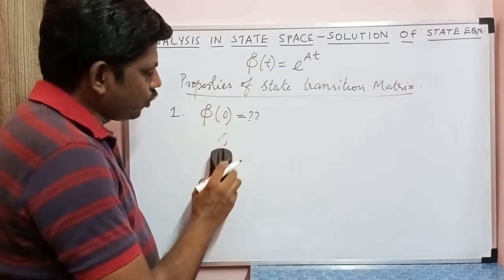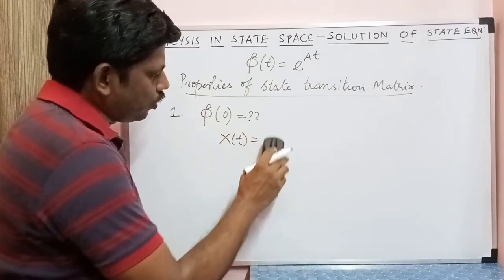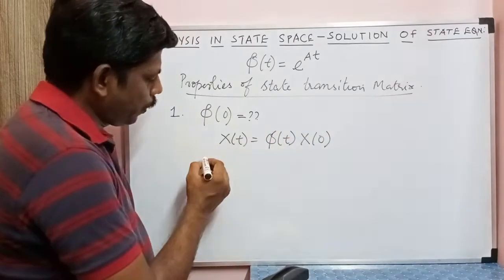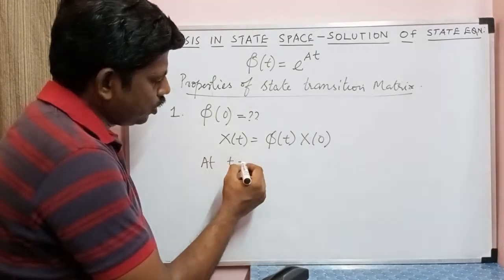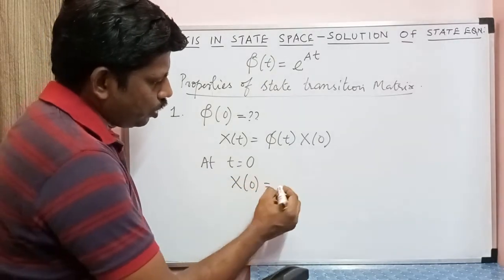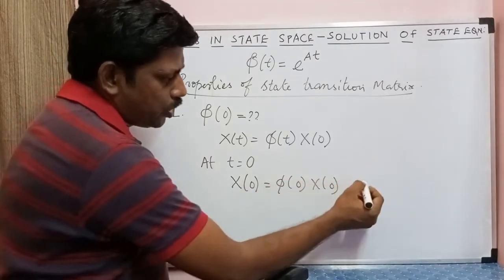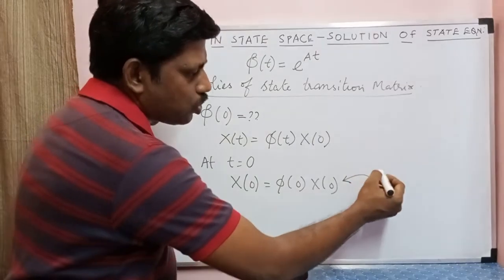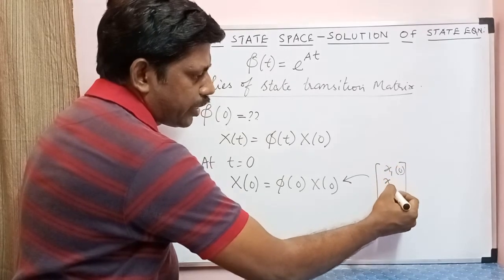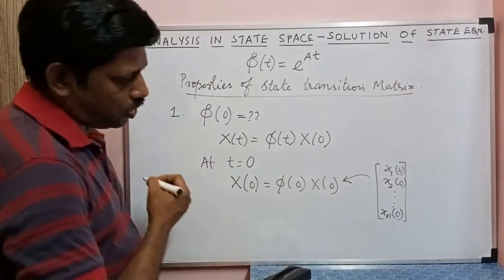We know x of t is given by phi of t into x of 0. When t is equal to 0, x of 0 equals phi of 0 into x of 0. Please notice that this x of 0 is a vector which will contain x1 of 0, x2 of 0 up to xn of 0, where n is the number of state variables.